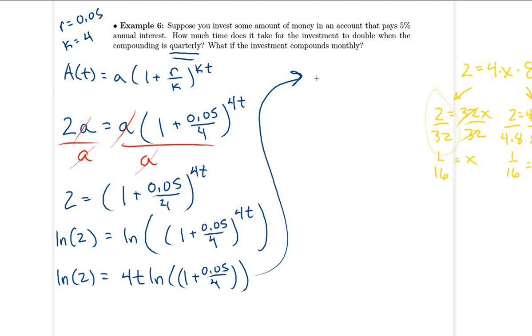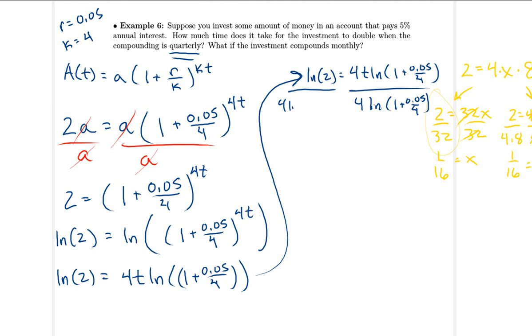So we end up with the natural log of 2 equal to 4t times the natural log of (1 + 0.05/4). I'll divide by 4 times the natural log of (1 + 0.05/4) on both sides.